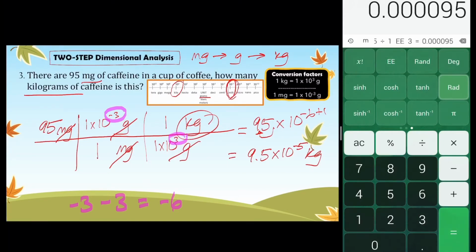Our calculator answer comes out to 0.000095. When you change to scientific notation, you're going to move the decimal point over 1, 2, 3, 4, 5 places to the right. And remember, when you move the decimal point to the right, you end up with a negative exponent.